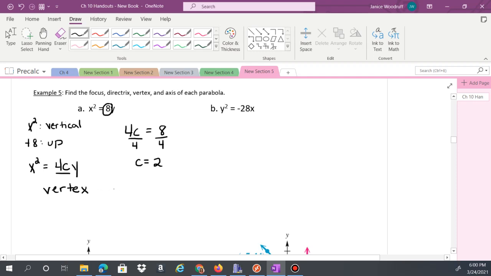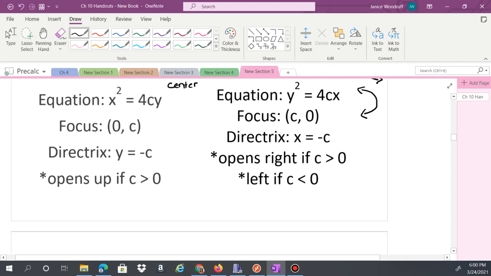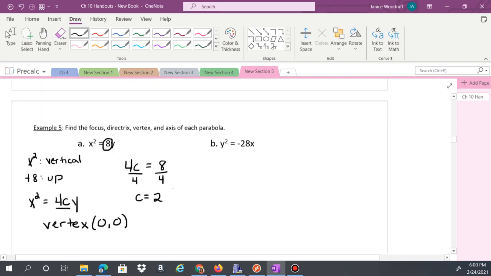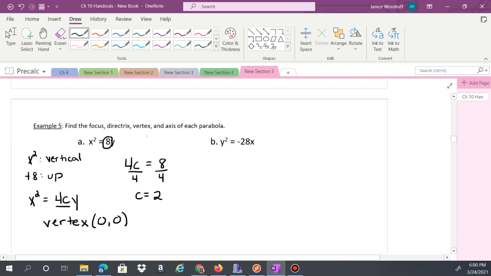0, 0 in this one. That's a good shot though. Okay, so it's going to be 0, 0 because it's in this form up here. In this form up here, if there's nothing, let me show you actually. So here's the equation, right?